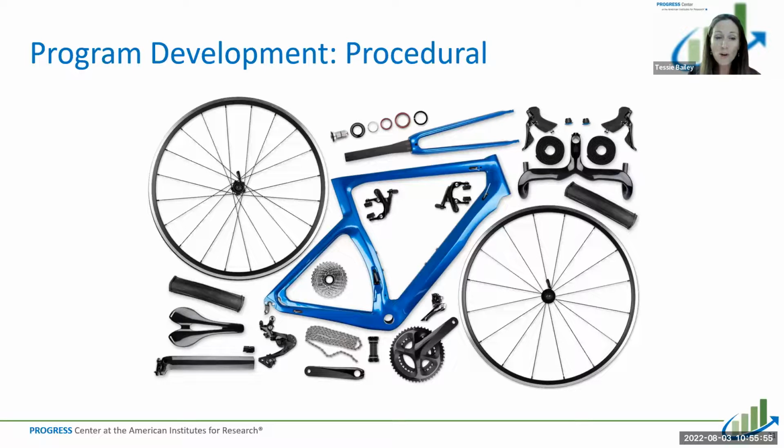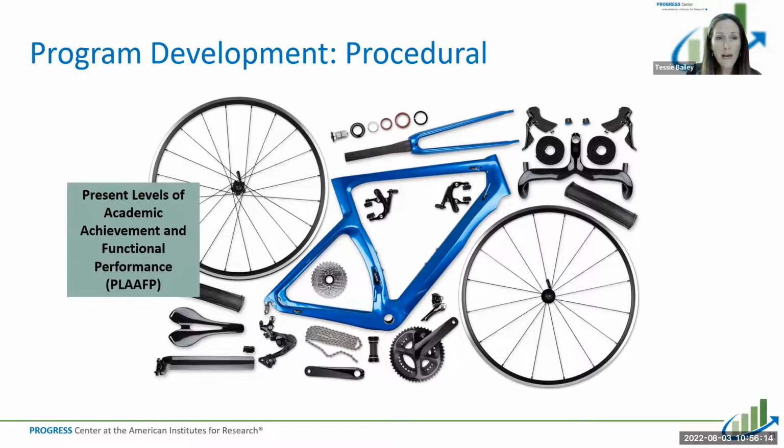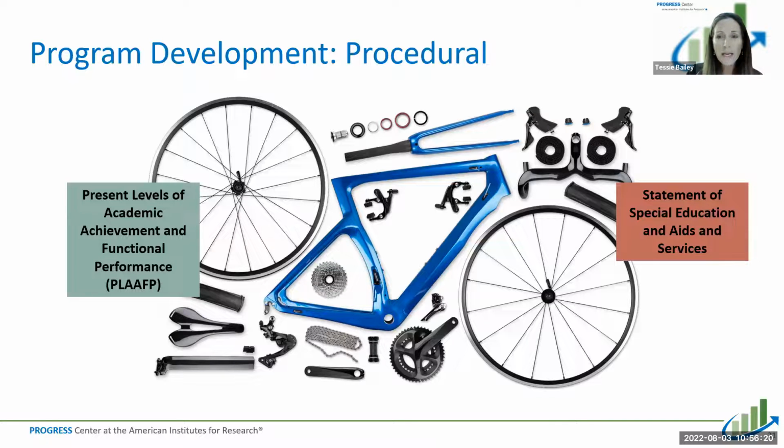And you know that there are critical pieces to a bike. Every bike has wheels, it has some sort of framing structure, it has handlebars. There are some that don't have brakes or do have brakes, but we know that there are critical parts to a bike. You can think about the IEP in the same way, right? An IEP has these individual parts that we design.